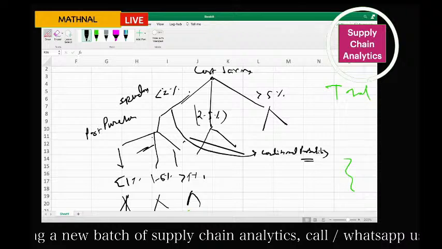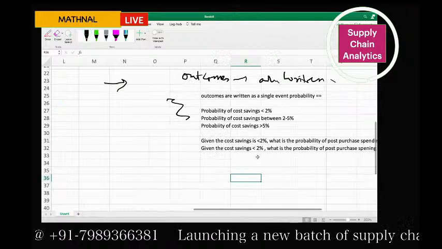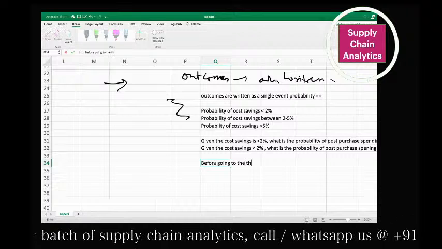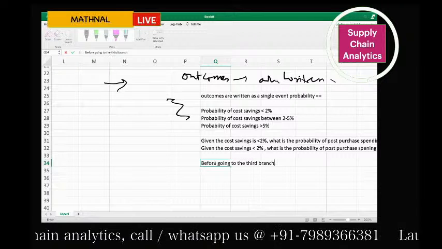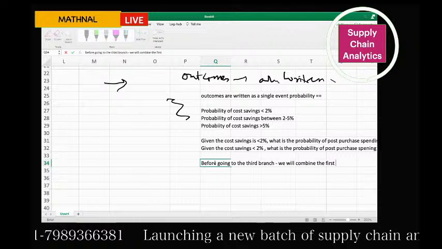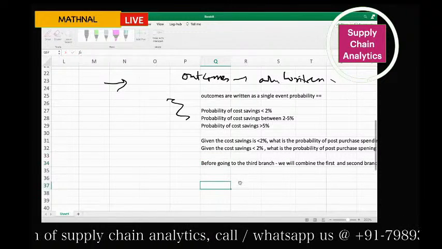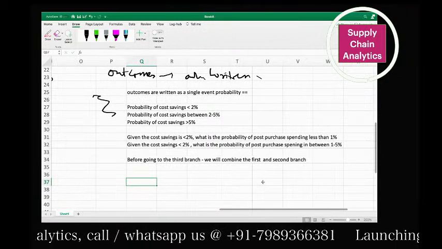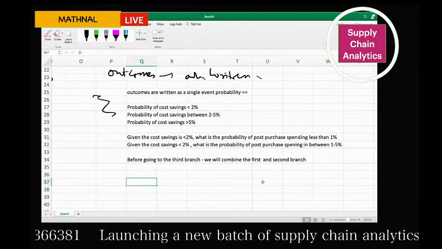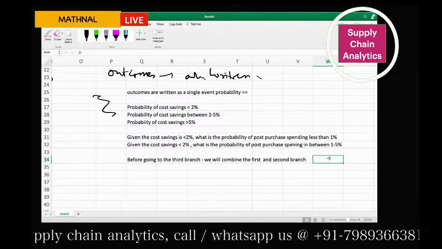Before going to the third branch, we'll combine the first and second branch. That is our intersection probability.